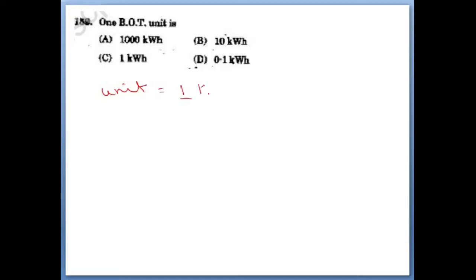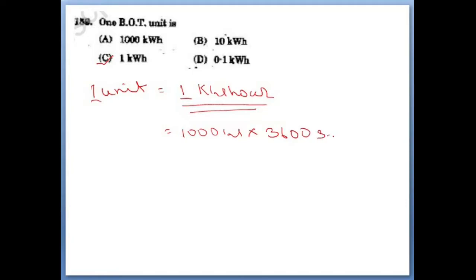1 unit is equal to 1 kilowatt hour. 1 BOT unit is nothing but 1 kilowatt hour. Sometimes they will ask to convert the unit into joule. 1 kilowatt means 1000 watt and 1 hour means 3600 seconds.